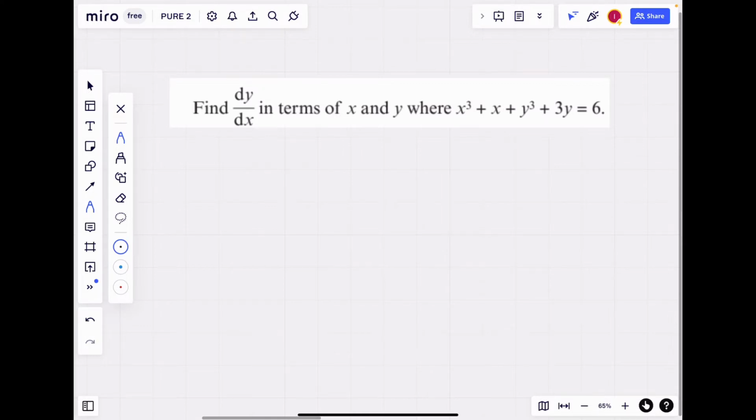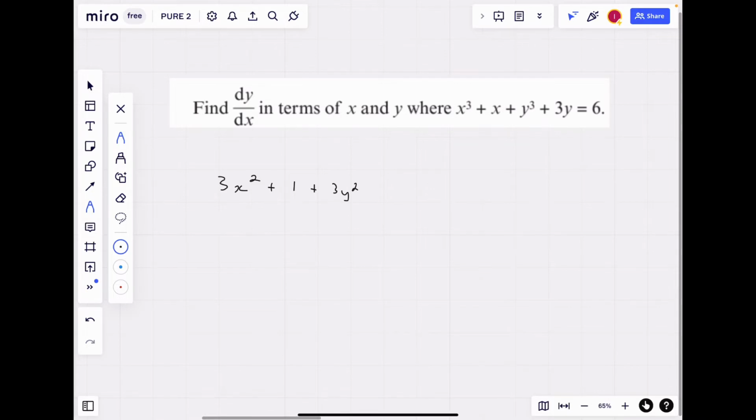What do you get when you differentiate x cubed? 3x squared. What do you get when you differentiate x? 1. And there's a plus in between them. What do you get when you differentiate y cubed? 3y squared.